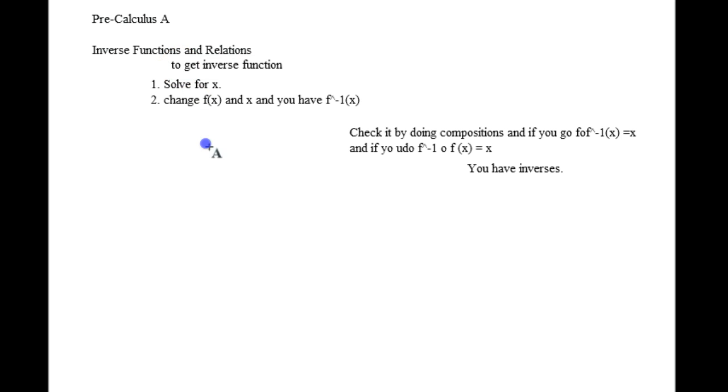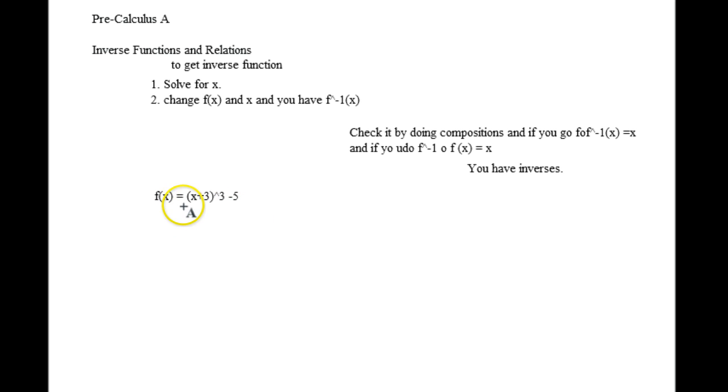So to get an inverse function, you just work it like that, and that's just to check your work. So let's say we had a function f of x equals (x plus 3) to the third, minus 5.